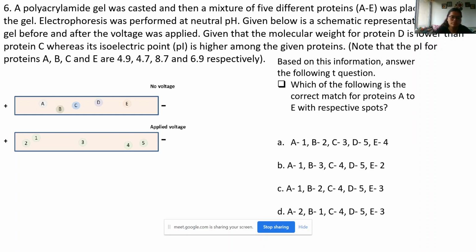Can I try? Sure. I guess it's option A. Option A. Okay, that is A equals 1. Any other one wants to try? We'll wait for a few more minutes.